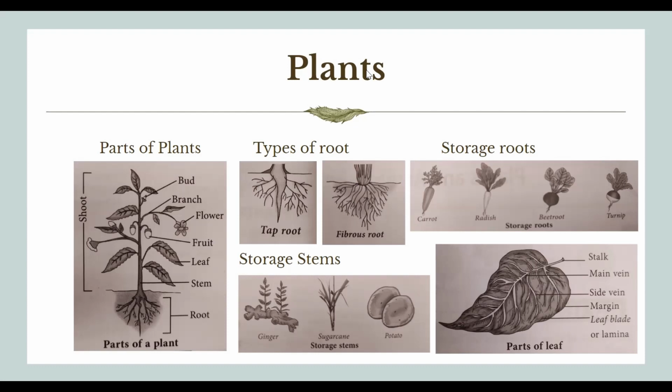That thick root grows from the lower end of the stem, and from this, many small roots are growing. This is called the tap root.